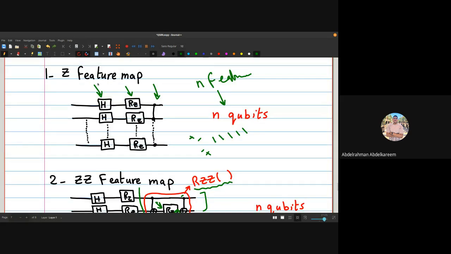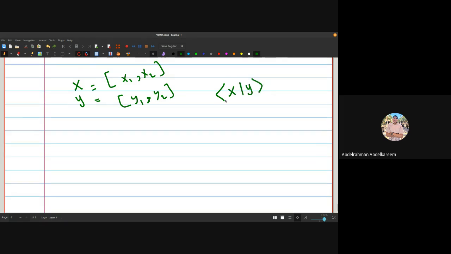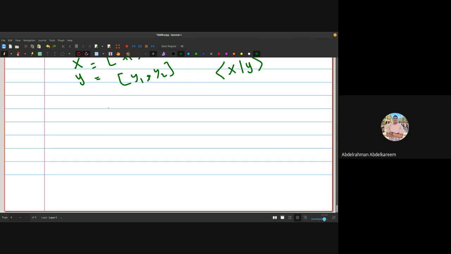Let's say for this Z feature map, it's a similar approach, and we have these two vectors, x and y. Let's make it simple, two features only, x1 and x2. I need to get the inner product between x and y. So for the compute-uncompute method, I will first encode x using the Z feature map.